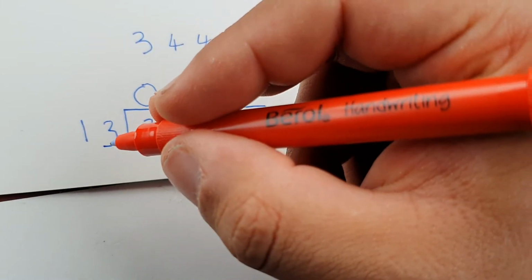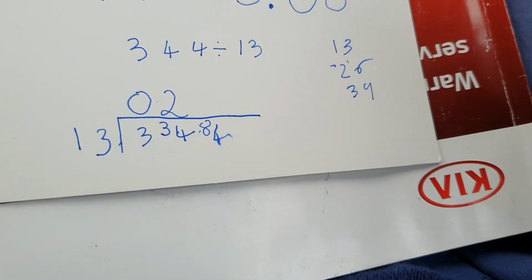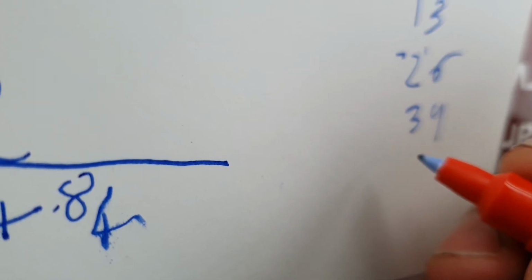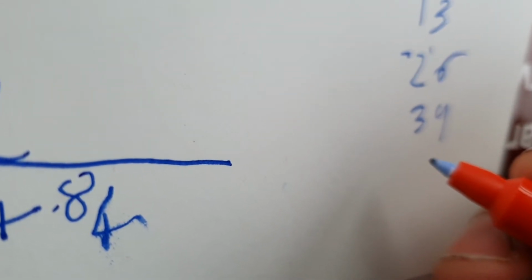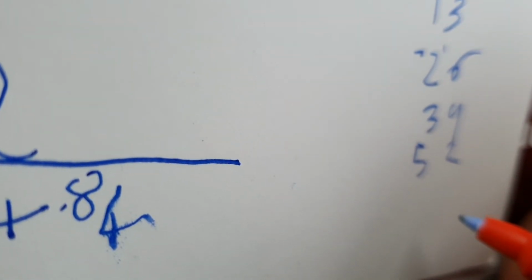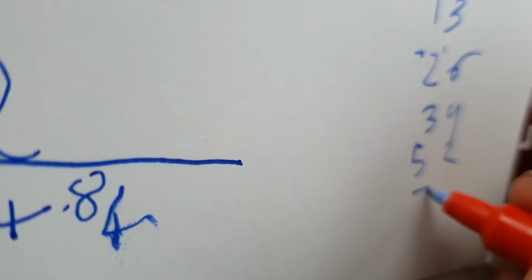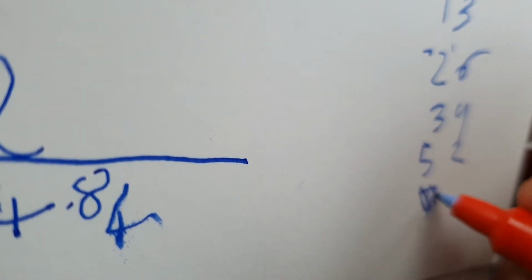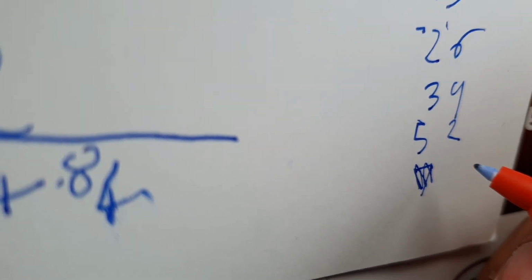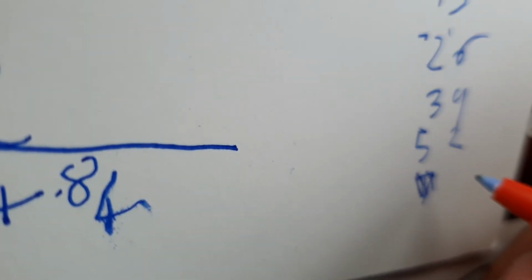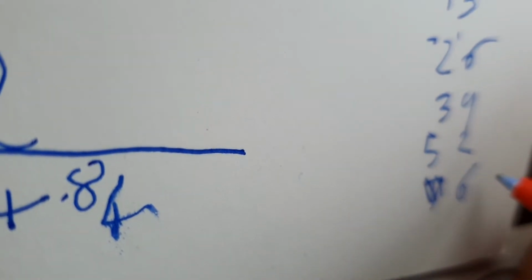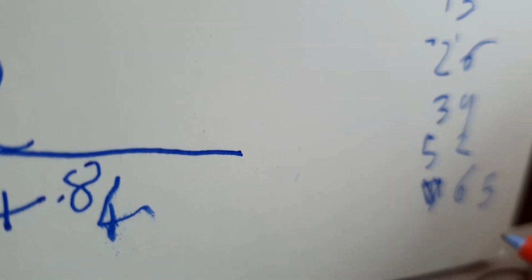So now I'm looking at 13 into 84. So let's carry on our list. So it'll go 39, then 52, then 65, then 78.